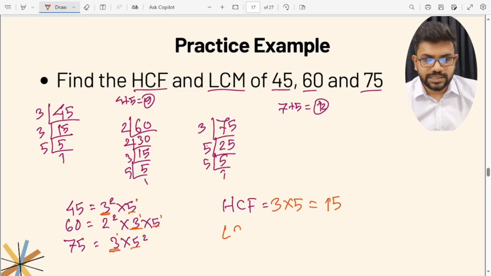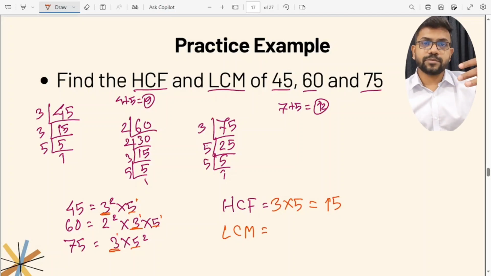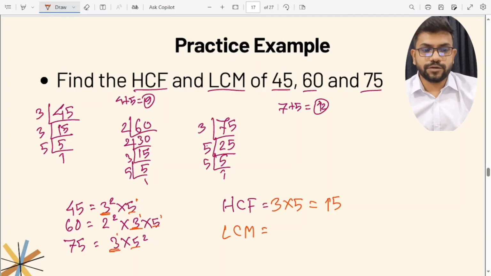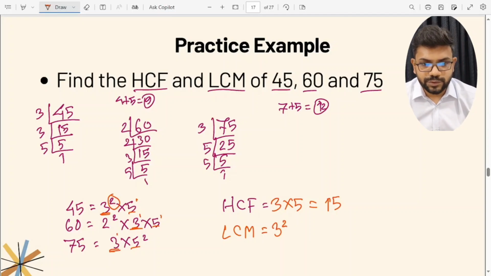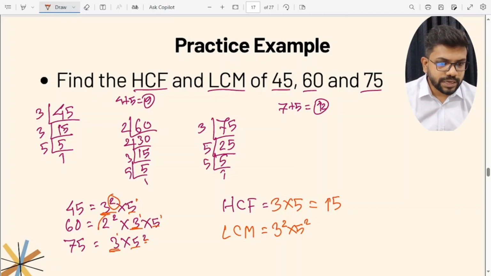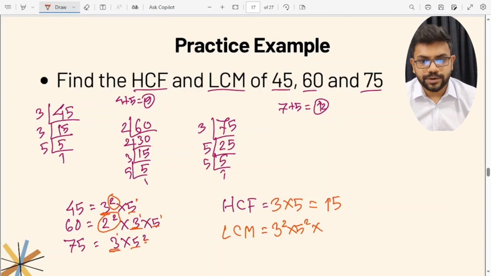Similarly, if you do the LCM, this time we'll take the common and uncommon factors, and we'll take the highest power of all of them. Power of 3 here is 3 to the 2, so we'll just take 3 squared. Highest power of 5 here is 5 squared. And uncommon is 2 and the highest power of 2 is given as 2 squared.